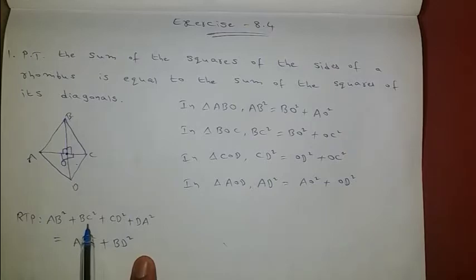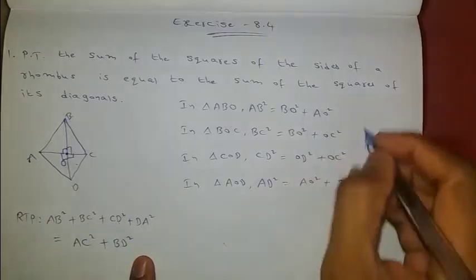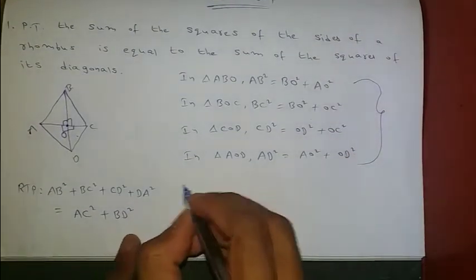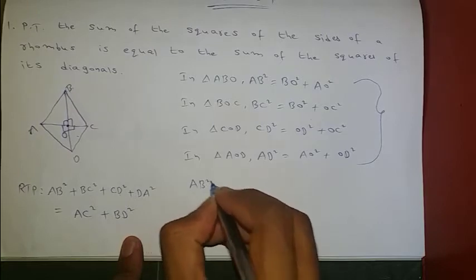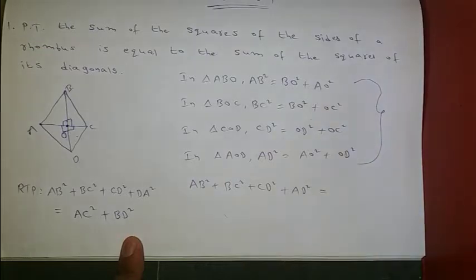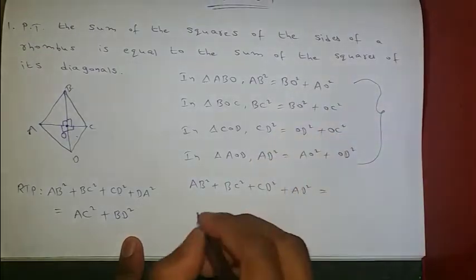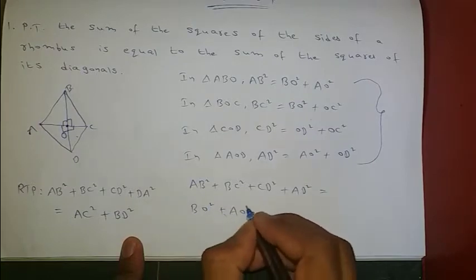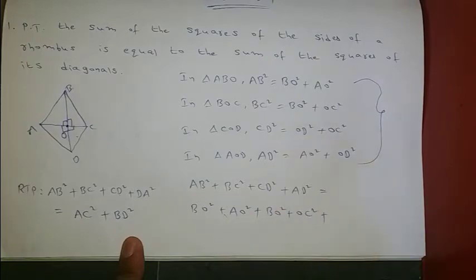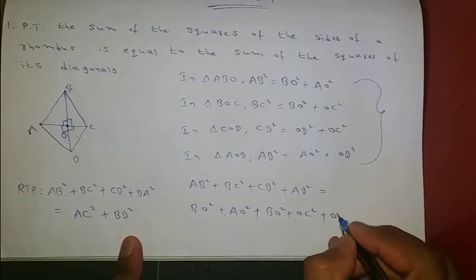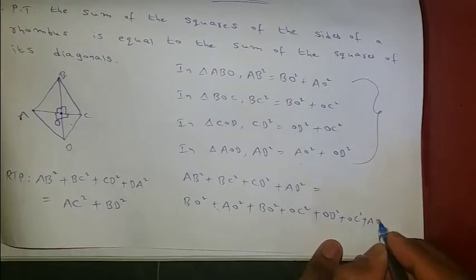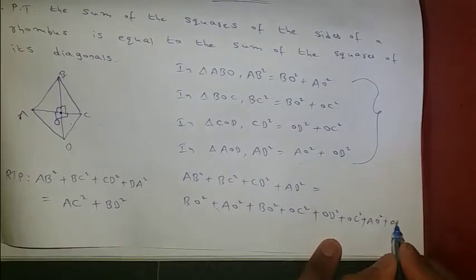Now we want AB square plus BC square plus CD square plus DA square. So it means adding all these four. If we add all these four, we will get AB square plus BC square plus CD square plus AD square is equal to BO square plus AO square, plus BO square plus OC square, plus OD square plus OC square, plus AO square plus OD square.